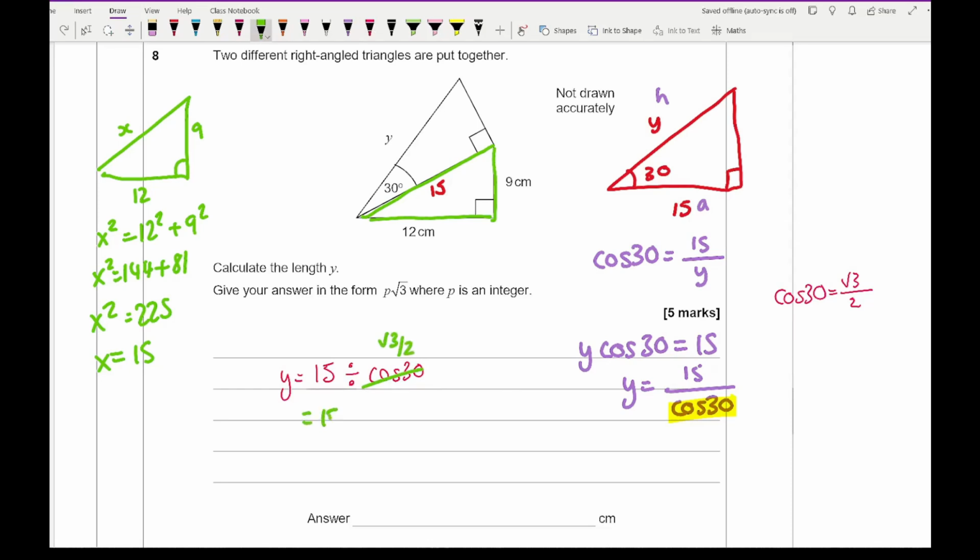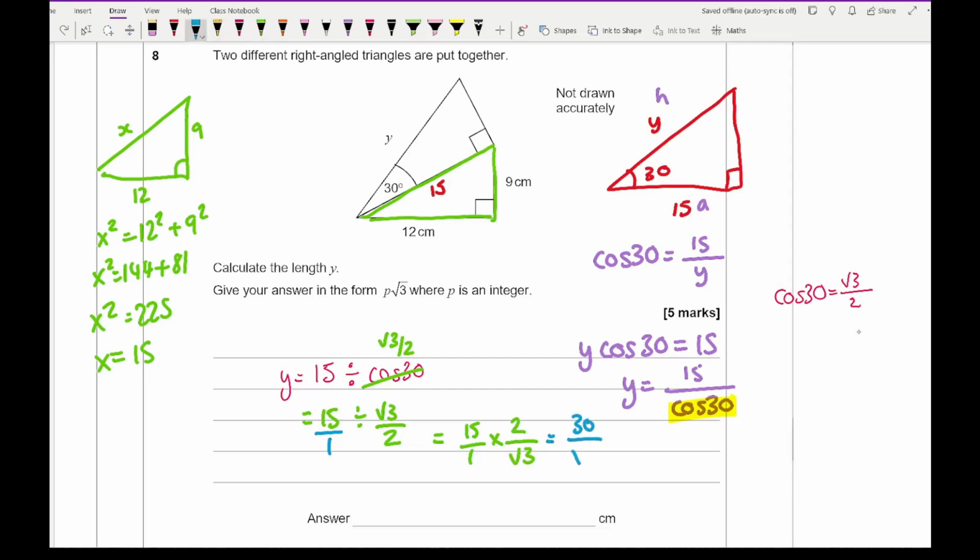So that becomes 15 divided by root 3 over 2. I turn that 15 into a fraction, and then using the rules of division and fractions, flip that second fraction. So it becomes 15 over 1 multiplied by 2 over root 3.